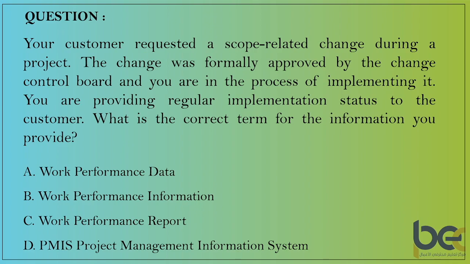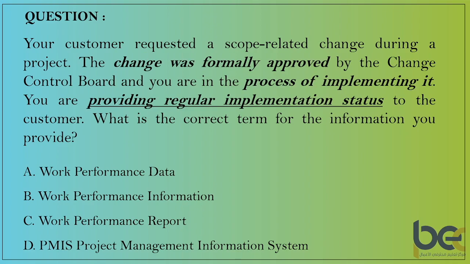Whenever you read a PMP related question, there are parts of the question that should get highlighted to you because they are there to help you answer the question. So in this question, what are the important words that you should consider? Here they are saying the change was formally approved, and we are into the process of implementing it.